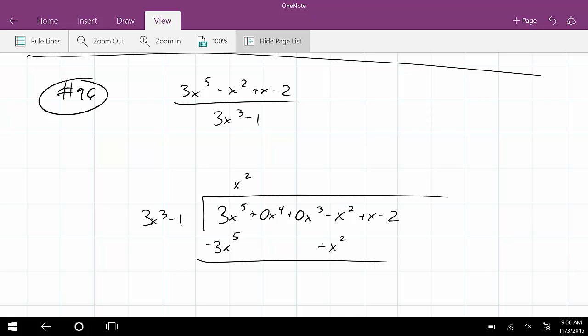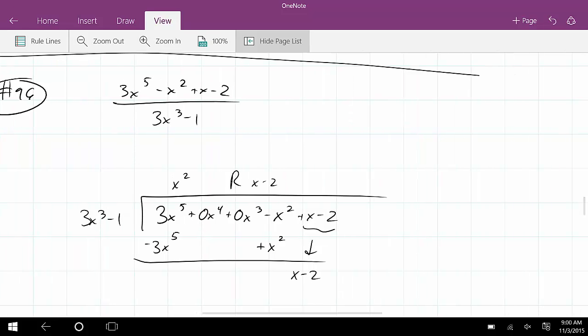So this is all just 0, and my remainder so far is x minus 2. Now if I asked what I need to multiply 3x cubed by to give me x, it would be 1 over 3x squared, and you're going to stop there. You don't want to have rational terms. So it's just x squared, and the remainder here is x minus 2.